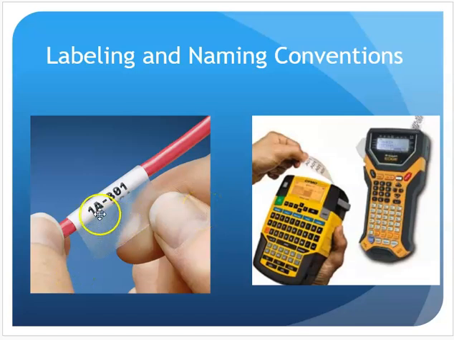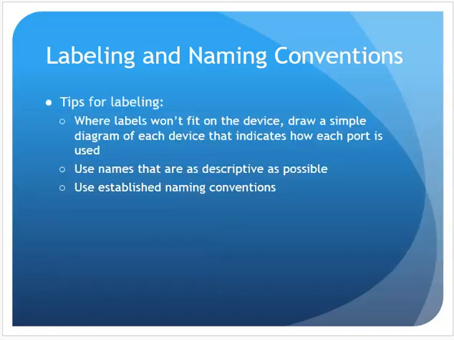And this might even be building 1 closet A versus building 1 closet B, for closet 2 kind of thing. And this might be the patch panel and the port number. That might be enough to get by, but using a naming convention and then using your labeling utilities and labeling equipment to label all the cables, label all the ports, etc. That's the kind of thing they're talking about here.